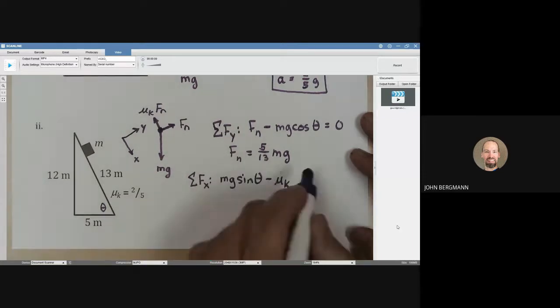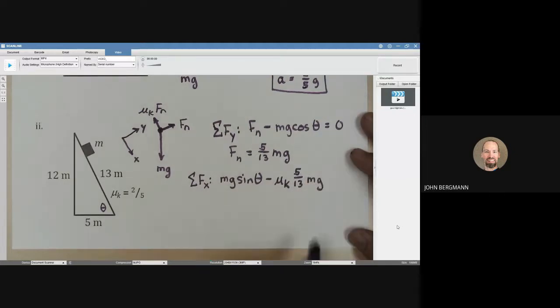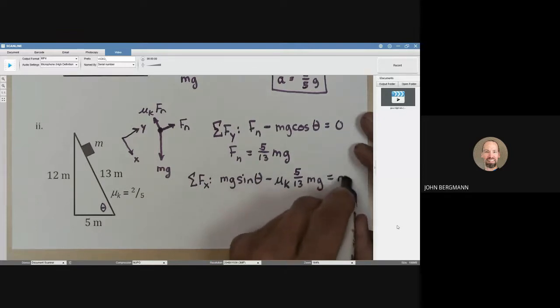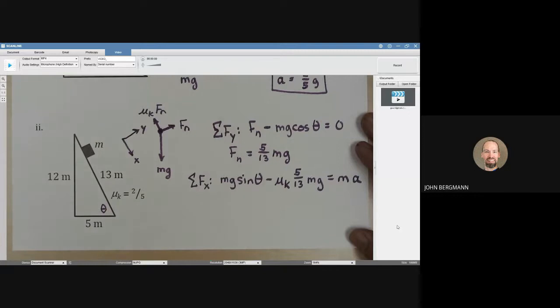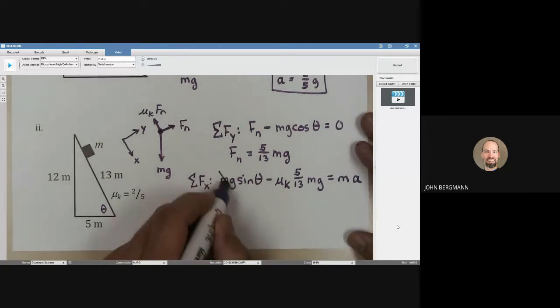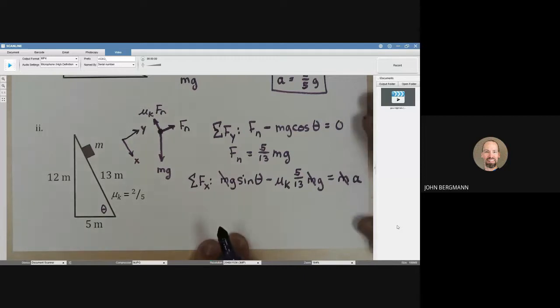All right, so let me substitute in the normal force expression, 5/13 mg, and that needs to equal the mass of the object times its acceleration here. All right, what does that give us then? The m's cancel, so I can ignore those, and we now have acceleration by itself on this side.